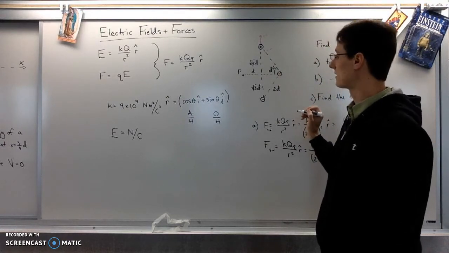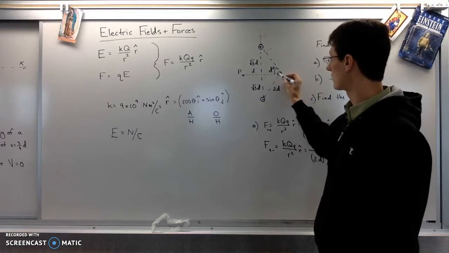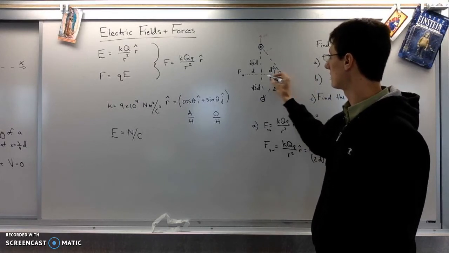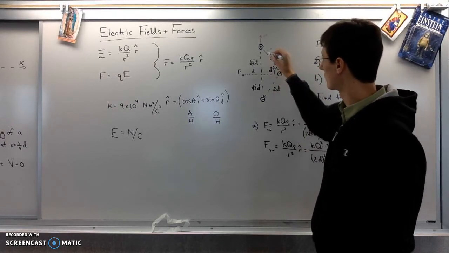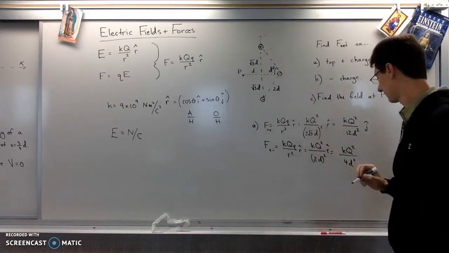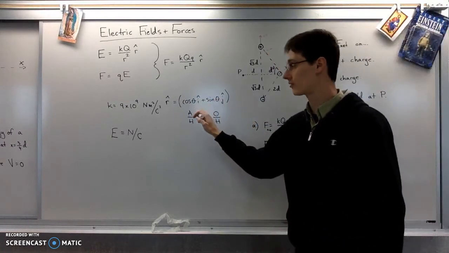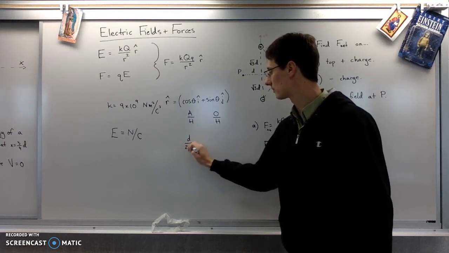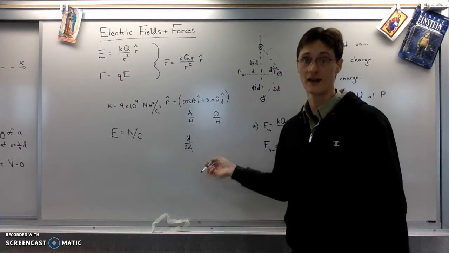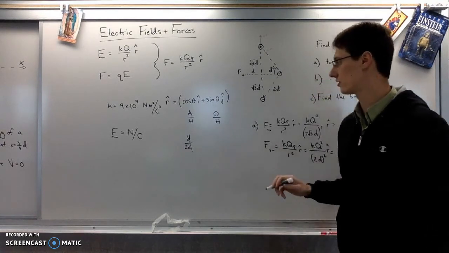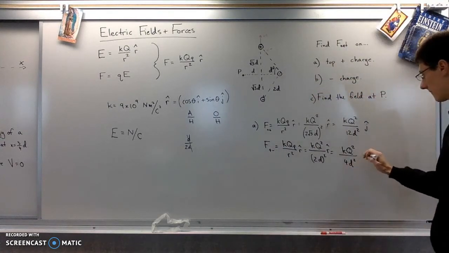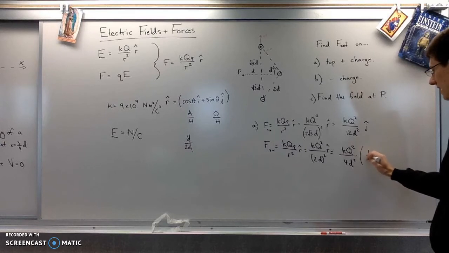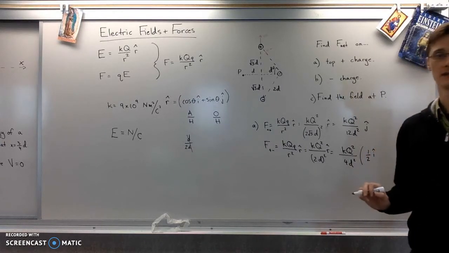All right, so if I do that, then the adjacent side here is d, and the hypotenuse is 2d. So that means that cosine theta would be 1/2, because d over 2d, the d's will cancel, and you just get 1/2. So I'll have 1/2 i. All right, now let's do the j.